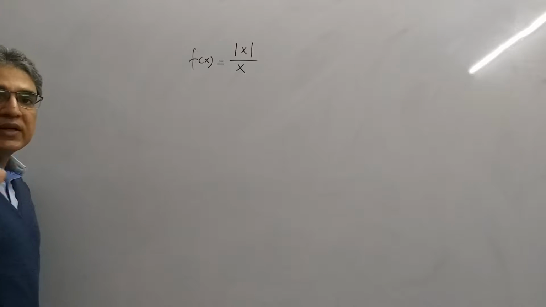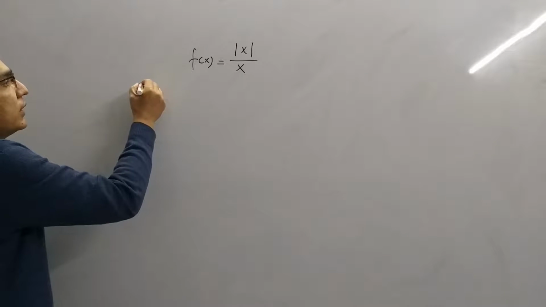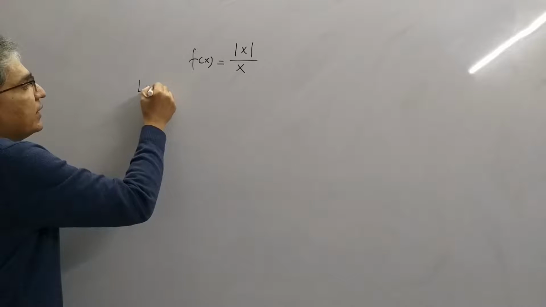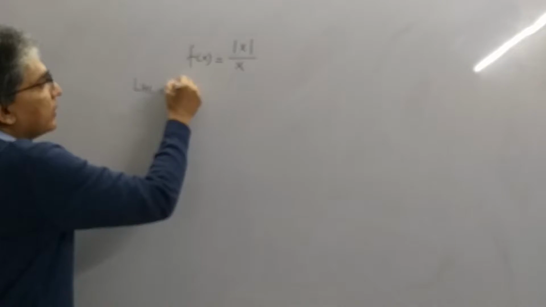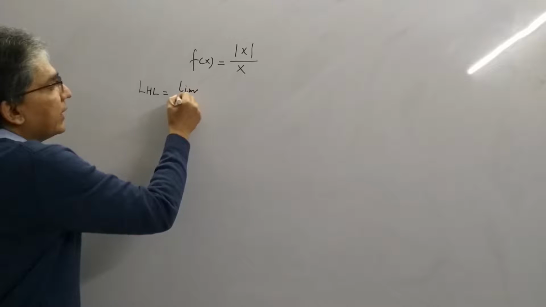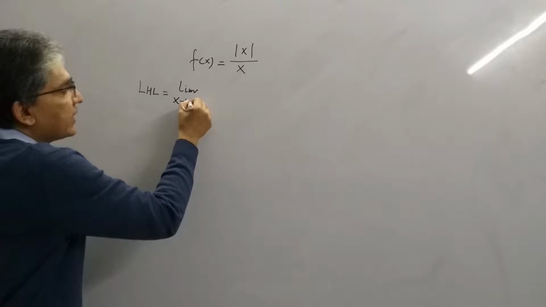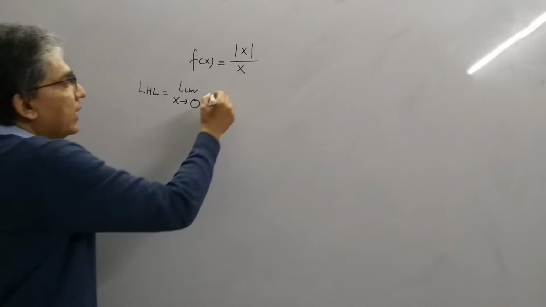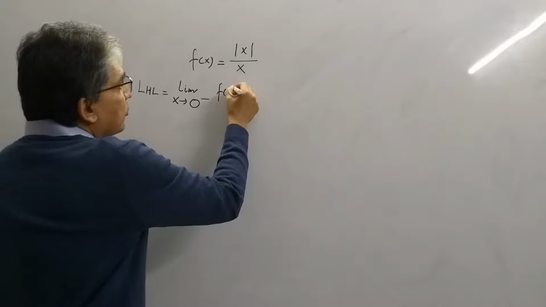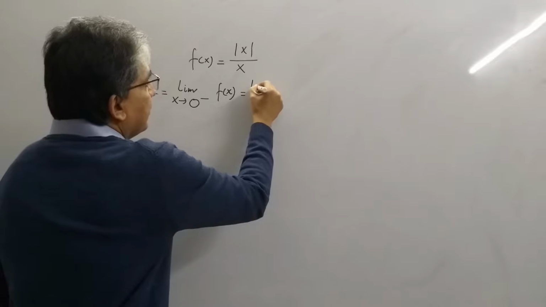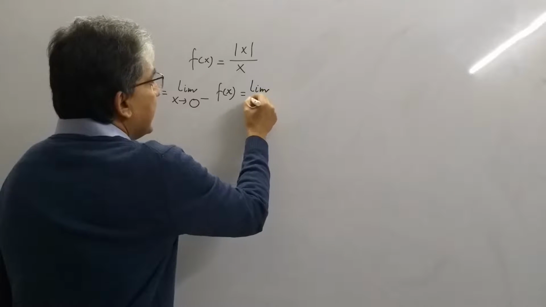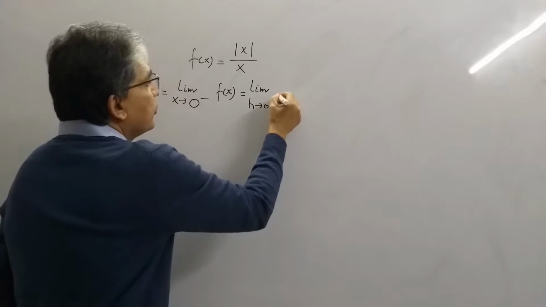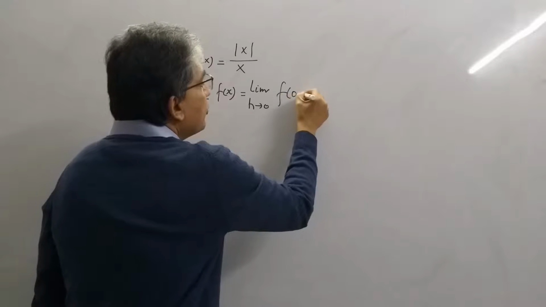So the methodology that I just told you, the left hand limit will be limit x tends to 0 minus f(x). So this is limit h tends to 0 f(0 minus h).